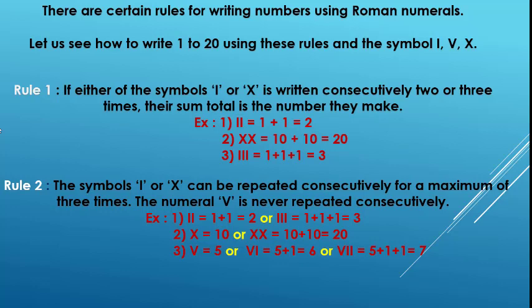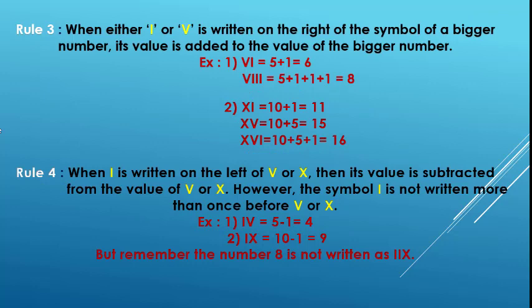Or VII, which is 5 plus 1 plus 1 is equal to 7. Children, as you can see in the third example, V is repeated only once. We cannot repeat V more than one time, according to Rule 2.